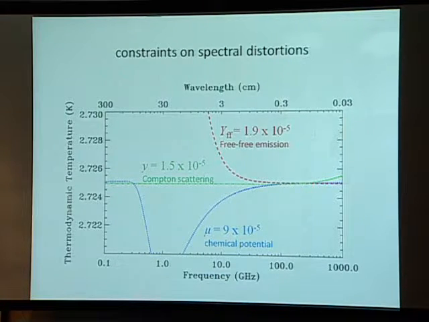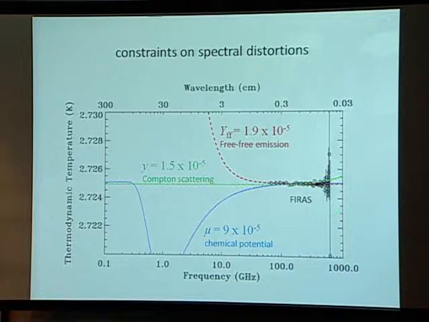So despite the fact that the chemical potential distortion has its largest change right here, the source of our constraint from that actually is still from FIRAS. It turns out that the error bars are so tight here that this is really the best constraint on mu distortions to date.